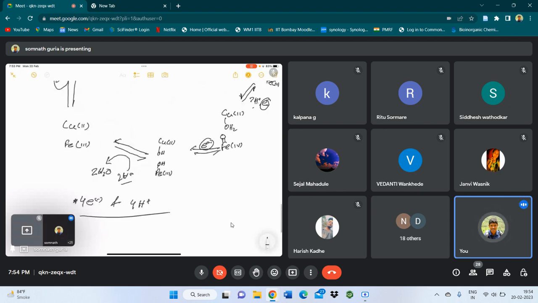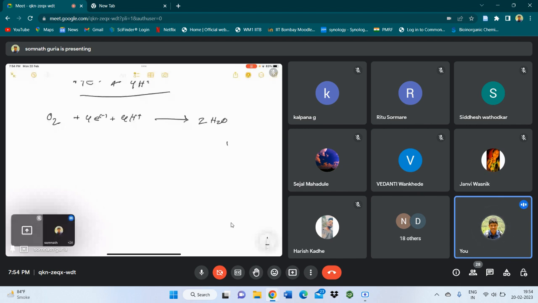But the whole reaction process is oxygen plus 4 electrons plus 4 protons to 2 molecules of water. Okay, so the thermodynamic potential is around E0 equal to plus 0.815 volt.